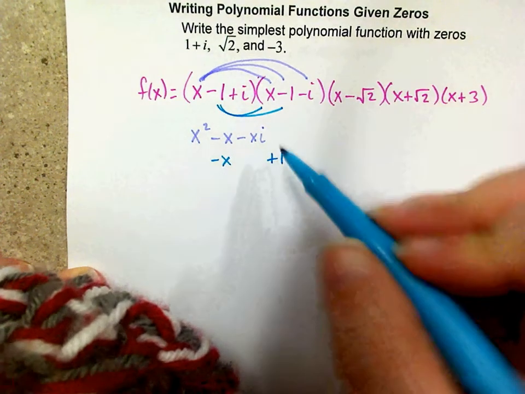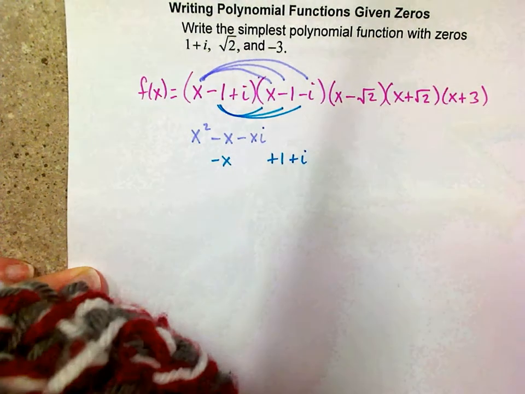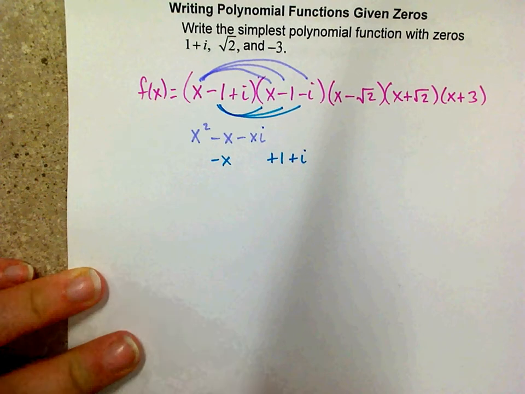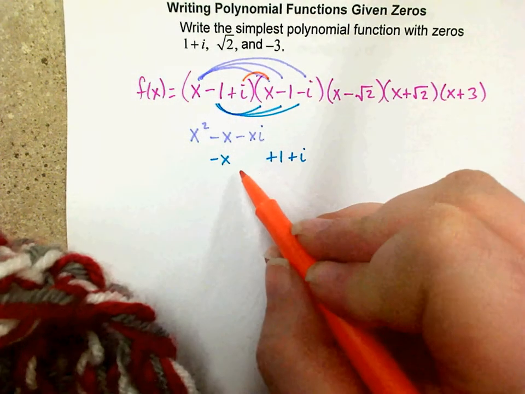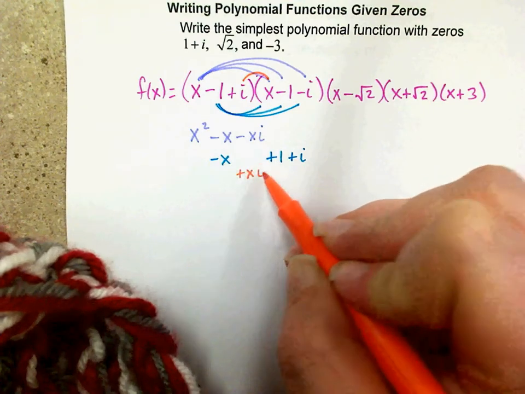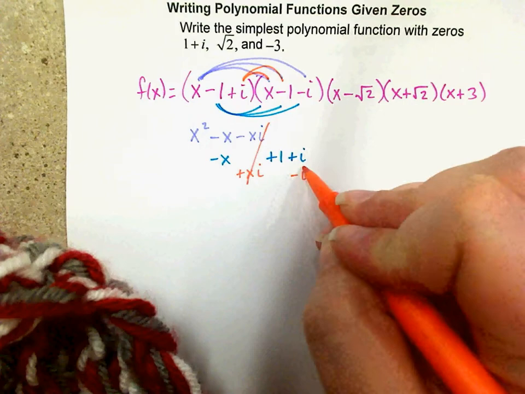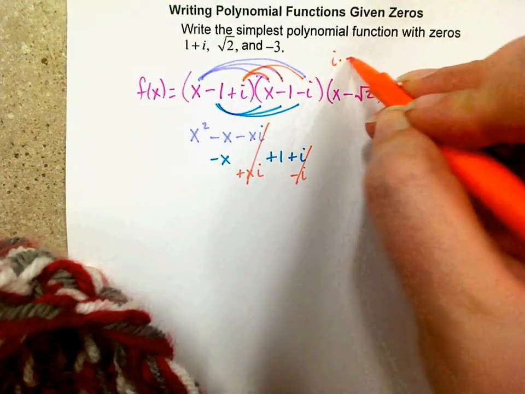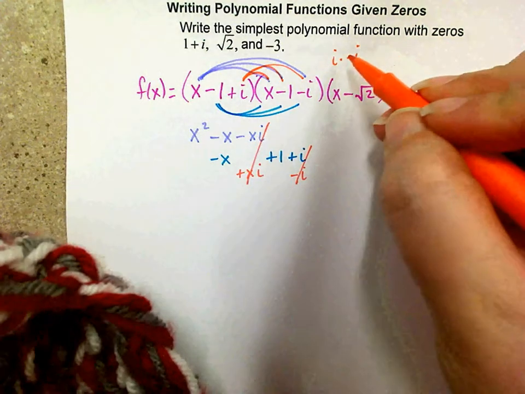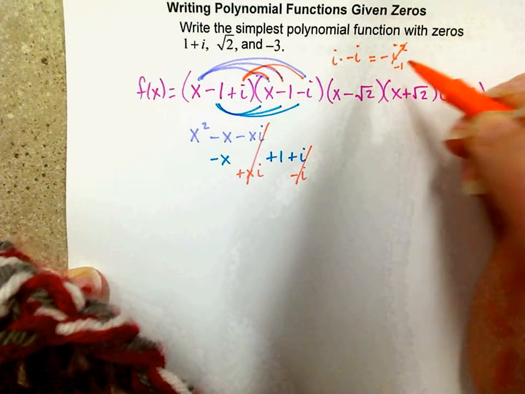And negative 1 times negative i is a positive i. And then i times x is a positive xi. i times negative 1 is a negative i. And i times negative i is a negative i squared. And if i squared is negative 1, that's a negative negative 1, which is a positive 1.